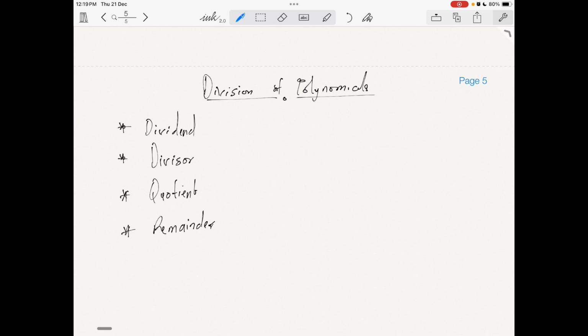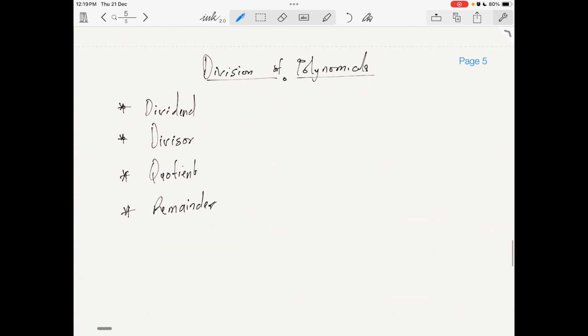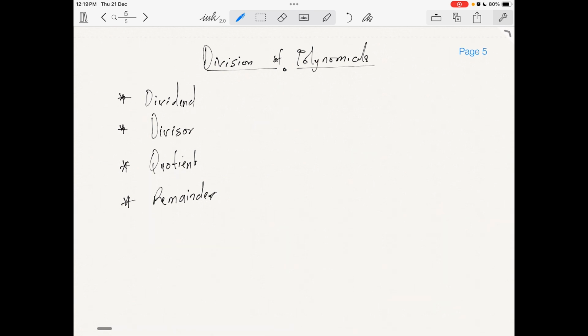So we will be working with each one of these terms, and to establish their meaning, we have to pick an example.